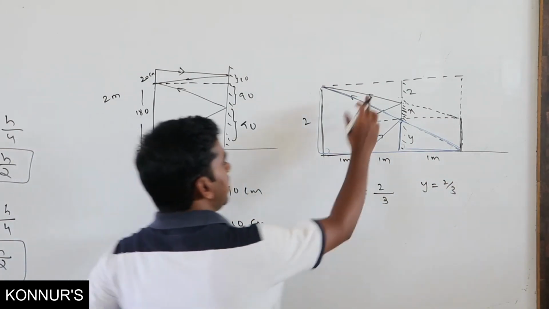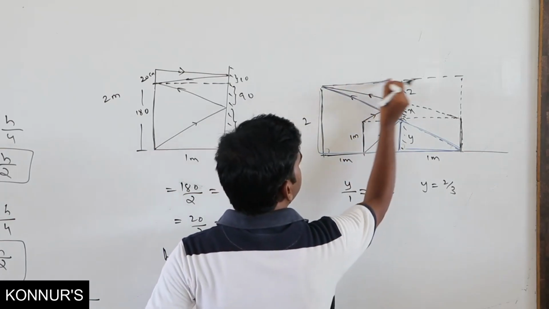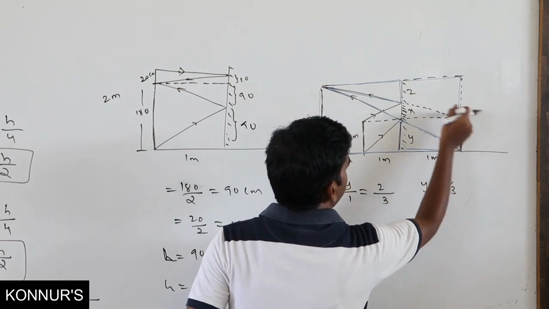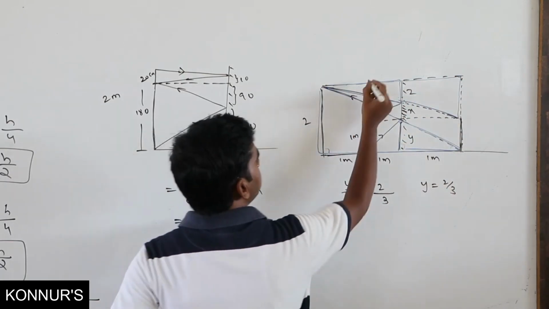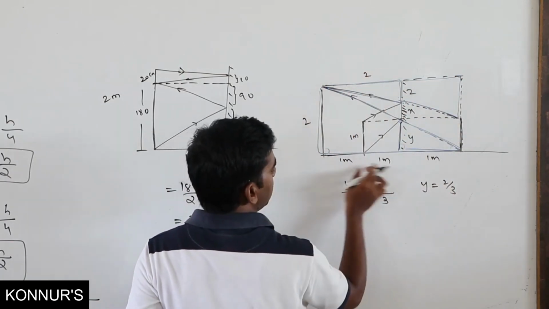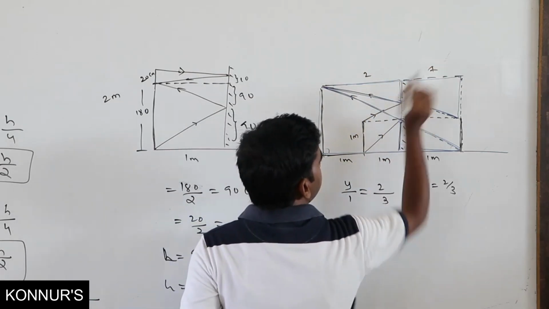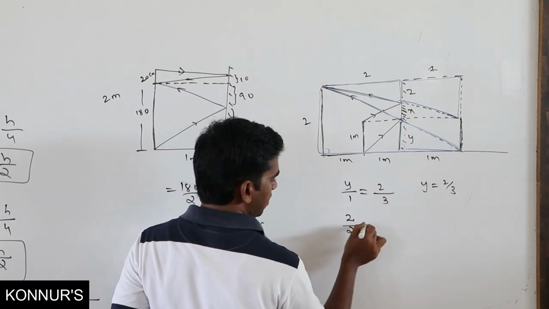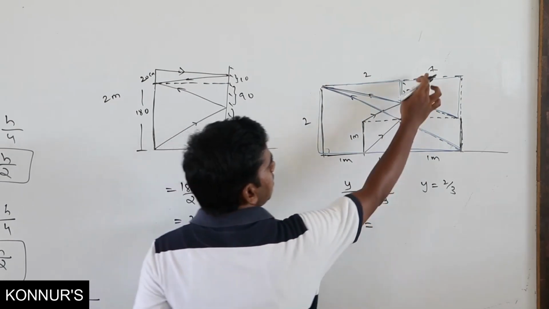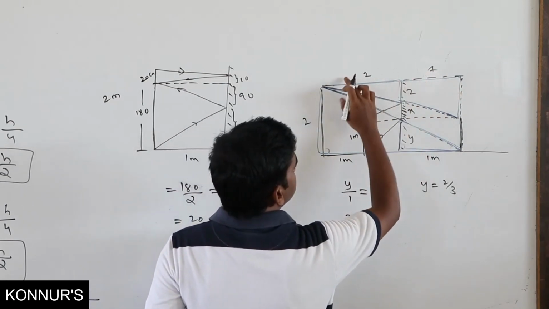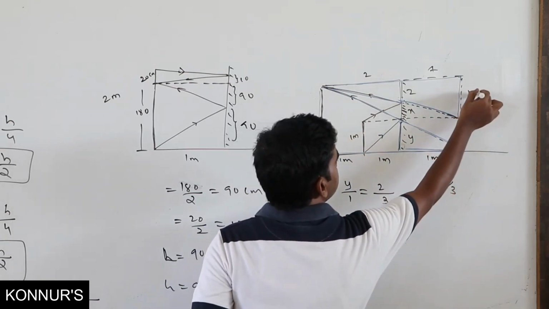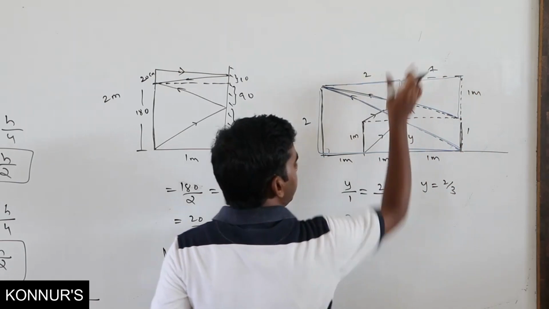Similarly, you can calculate here. This is one triangle and this total is one triangle. Here this is 2, because 1 plus 1 is 2. Here it is again 1 meter. z divided by 2 is equal to, if this height is 1 meter, this is also going to be 1 meter, 1 divided by 3.